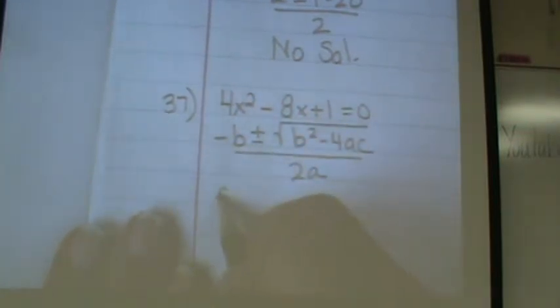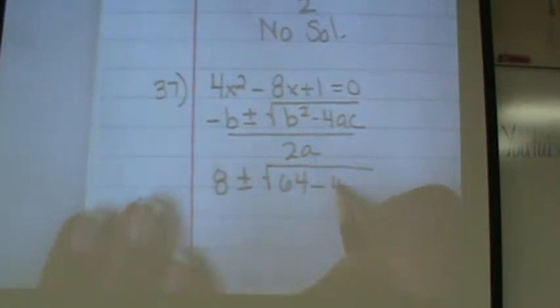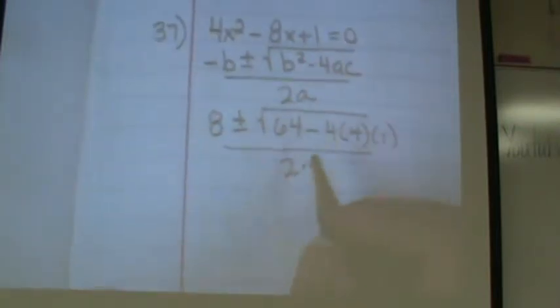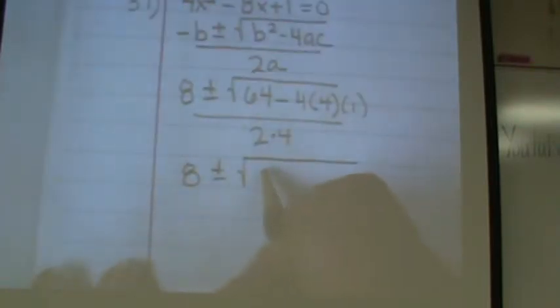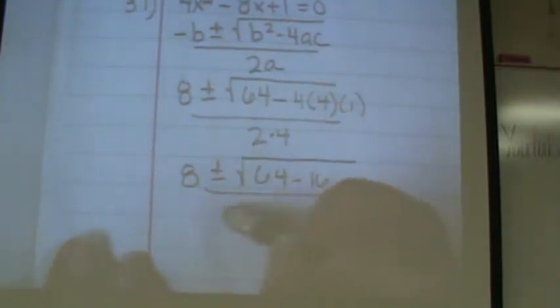So we have 8 plus or minus negative 8 squared is 64 minus 4 times 1 all over 2 times 4, which is 8. So we have 8 plus or minus, take it in baby steps. We have 64 minus 16 all over 8. 2 times 4 is 8.